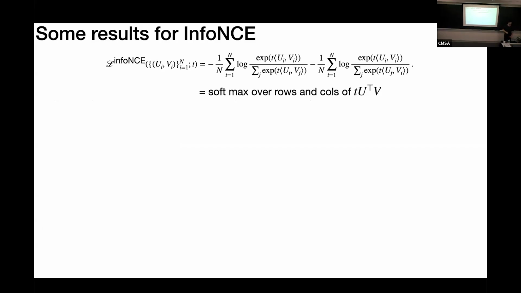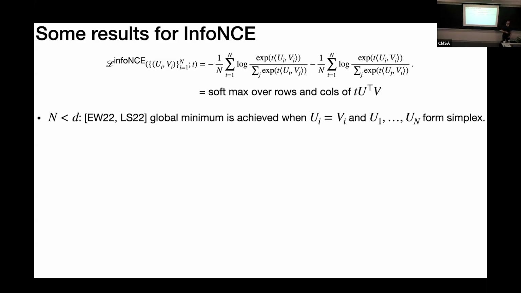That has a minus in front, so you want to make this thing big. So u_i close to v_i is good. And then this one also wants to make u_i close to v_i, and where u_i wants to be far from v_j is what's in the denominator. That's this normalization. You can also just think of this as a softmax, essentially, of u transpose v, and you kind of arrange things into matrices.